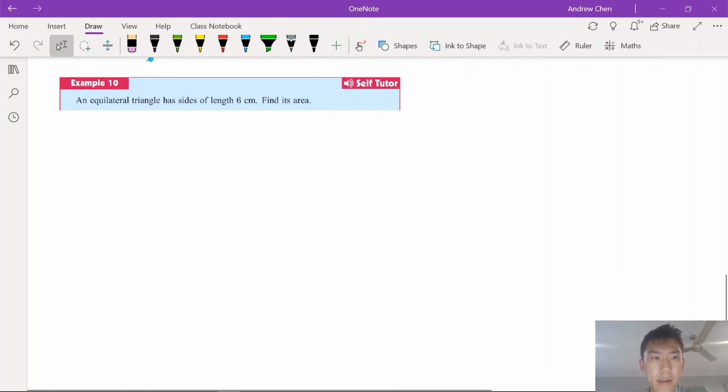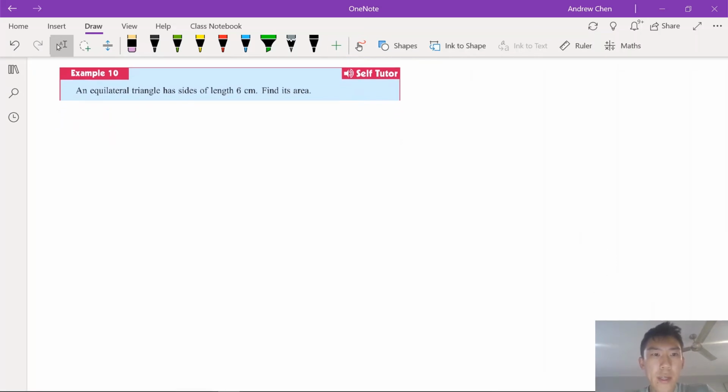Example 10. An equilateral triangle has sides of length 6 centimeters. Find its area. Equilateral triangle means all sides are equal, so 6, 6, 6.